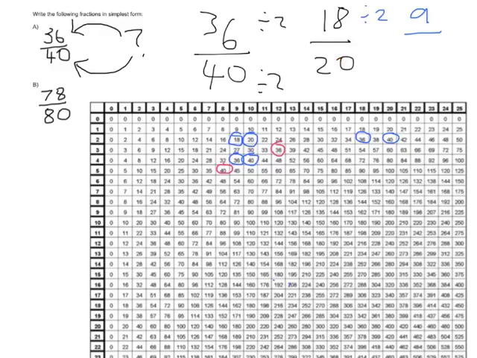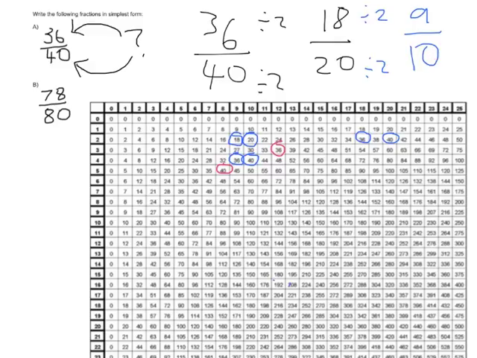I just need to find out what that number is. And I know that if I go in reverse, I can find that number. So 20 divided by 2 is 10.